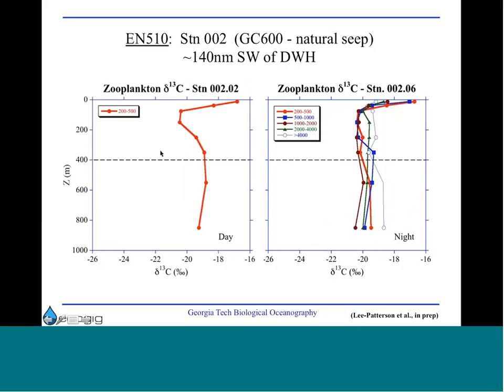So rather than looking just at the upper 400 meters of the water column, now we're looking at the upper 900 to 1,000 meters. Unfortunately, we only have smallest size fractions for the daytime tow. We haven't finished processing all of the other animals. We have all of the size fractions for the nighttime tow.